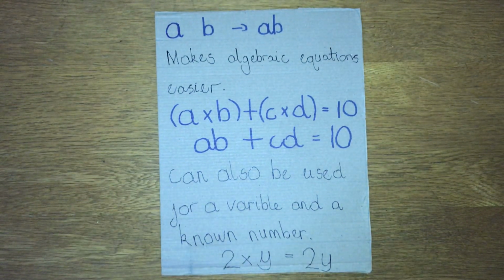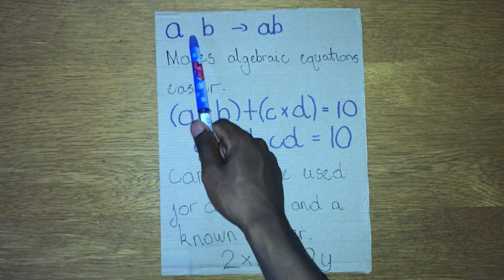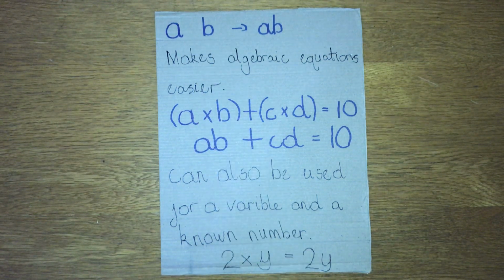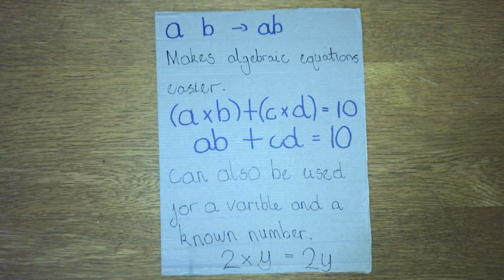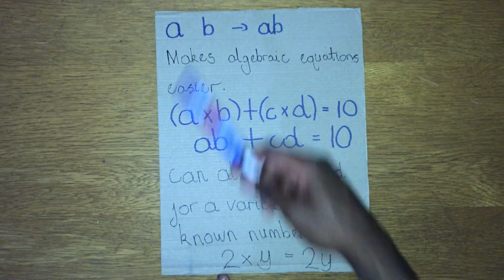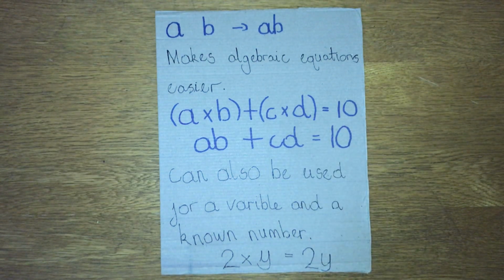Now for multiplication, AB. As we can see, there is no operation in the middle of the letters, so we can assume it is multiplication. It makes algebraic equations easier and much cleaner, which is very important in mathematics.